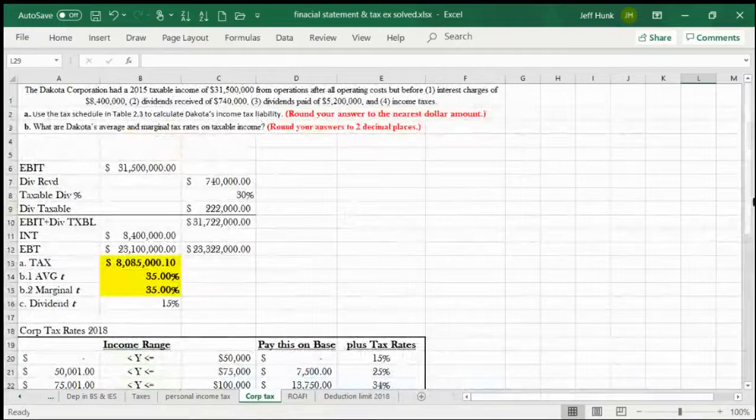Now, let's take a look at this example. Actually, the personal tax example is exactly the same thing in the PowerPoint.